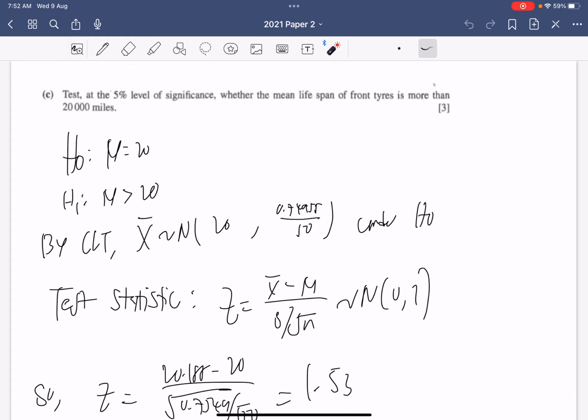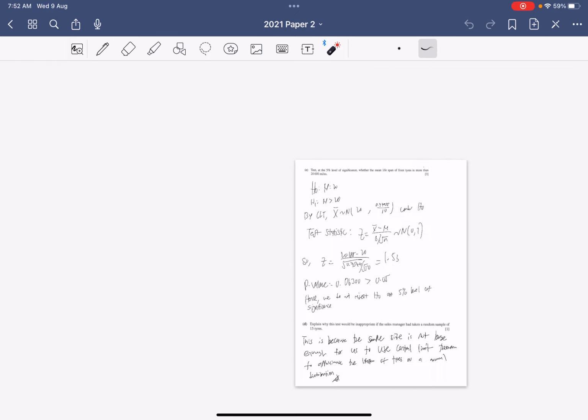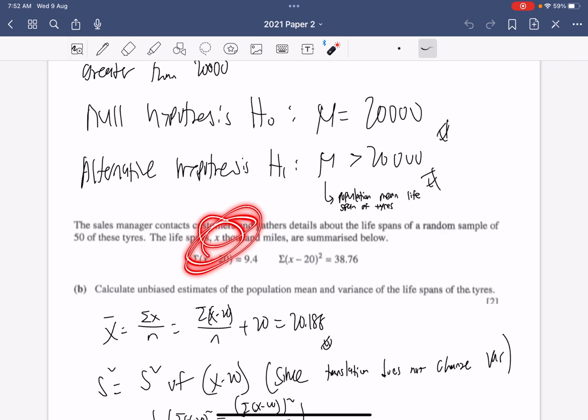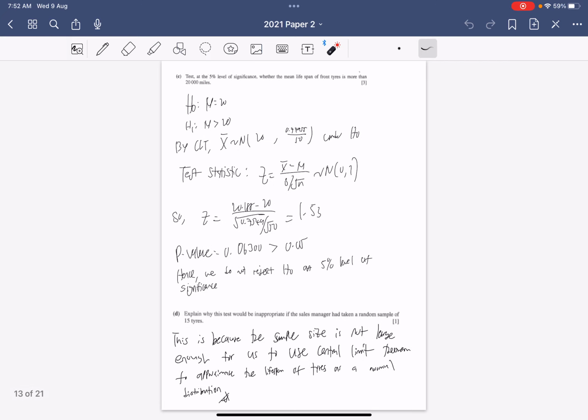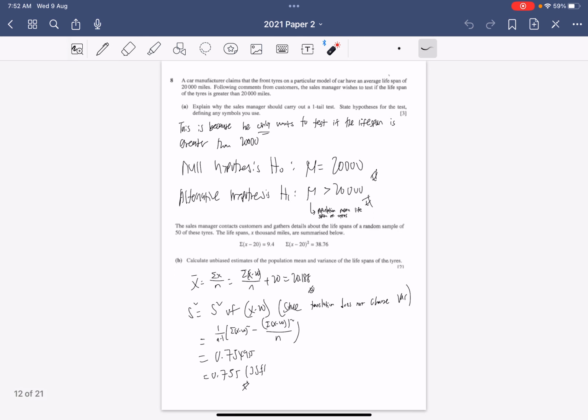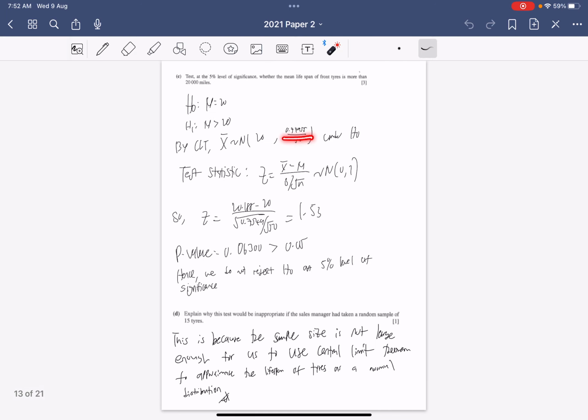Because you want the test statistic to be normally distributed, but you don't know whether x is normally distributed, you know that you have a sample of 50. Because it's large, by CLT you can approximate x bar by a normal distribution with this as its mean and this as its variance, but you must divide by 50. By CLT, the test statistic will be a standardized version, so the normal 0, 1.